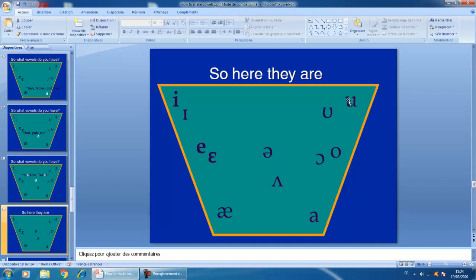Look, this one is U. So you need more pressure and you need more air. So this one is called, if you like, a tense vowel. But this one needs less effort and less pressure of air, so it is lax. Same thing in here.